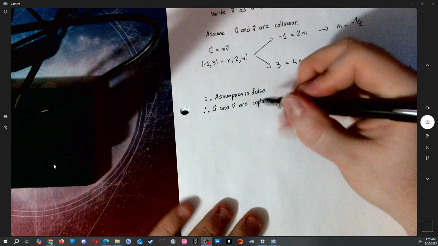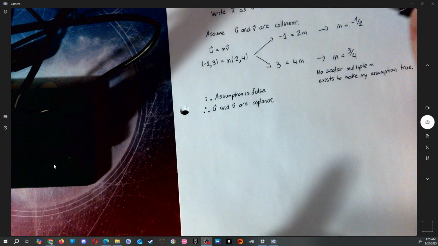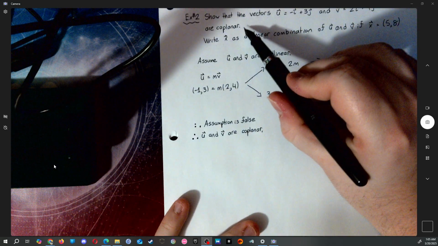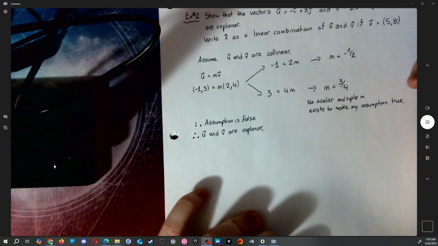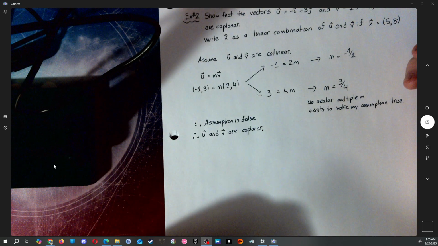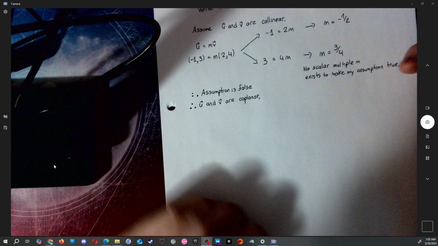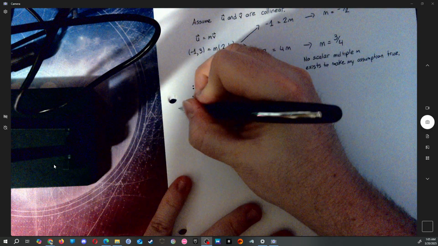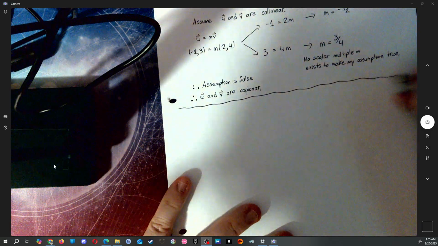All right. So, good news, we're done, but we're only done half the question, right? Because we've only done the first sentence. Now I have to write x as a linear combination of u and v if the value of x is 5 comma 8. So that's what we're going to do. Let me just separate this, the two parts of the question.